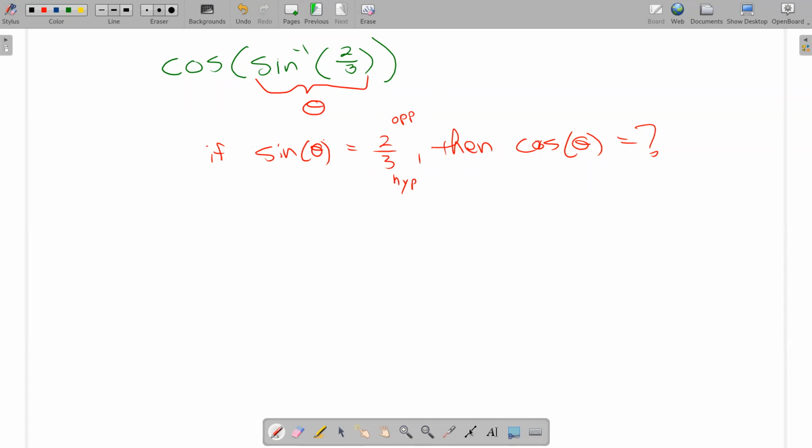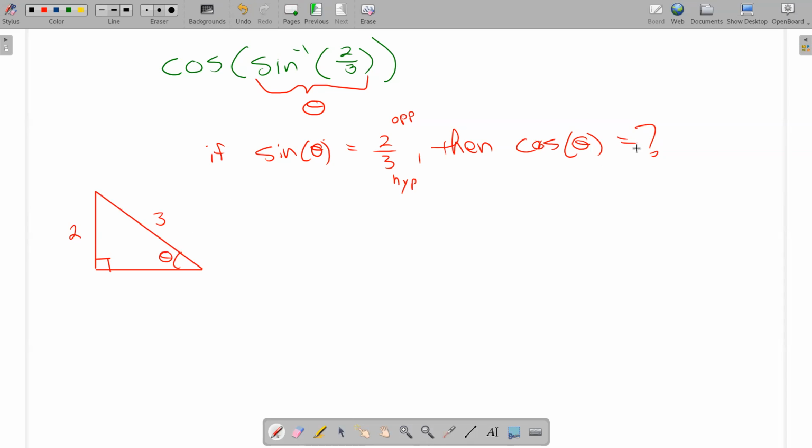So if I draw a triangle, let's see, opposite is 2, hypotenuse is 3, so maybe it looks something like this. Right angle. All right, and usually my first draw on one of these triangles isn't the best, so I'm thinking that if I put theta here, this side would be opposite, so that's my 2, and then this should be 3. Close enough.